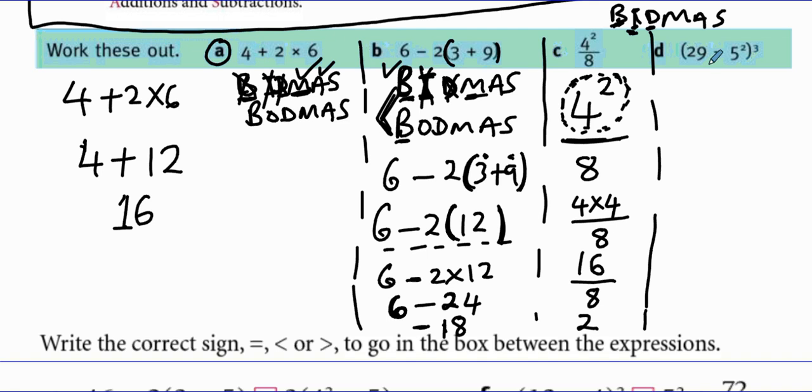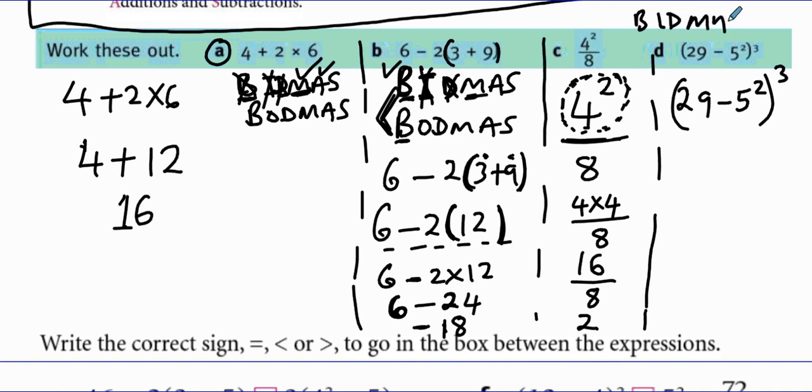Alright, now let us go to this question. Now this question is 29 minus 5 to the power of 2, bracket to the power of 3. Can you hear the way how it sounds? 5 to the power. That means we are going to use BIDMAS, because BIDMAS is the abbreviation which contains powers.